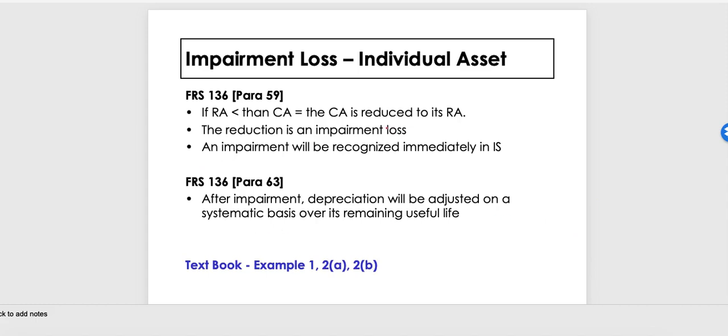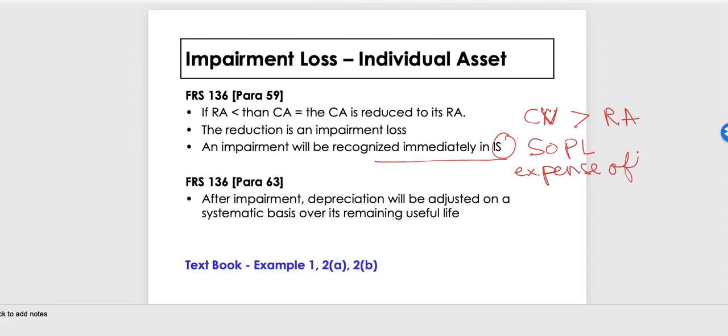If there is an impairment loss, the carrying amount, or carrying value, which is the same thing, should be more than RA. This impairment loss will be immediately recognized in SOPL, meaning that the impairment loss is expensed off.